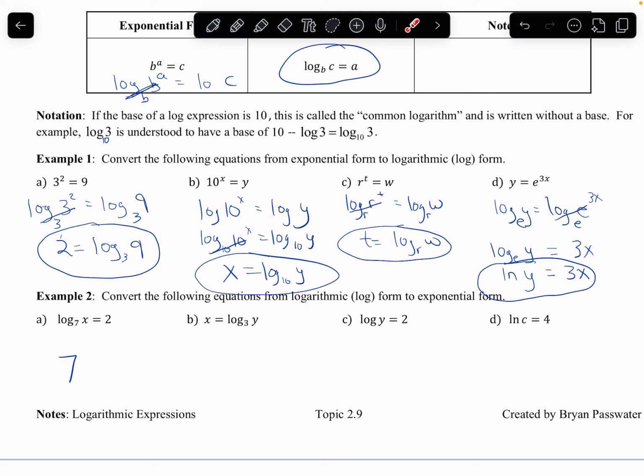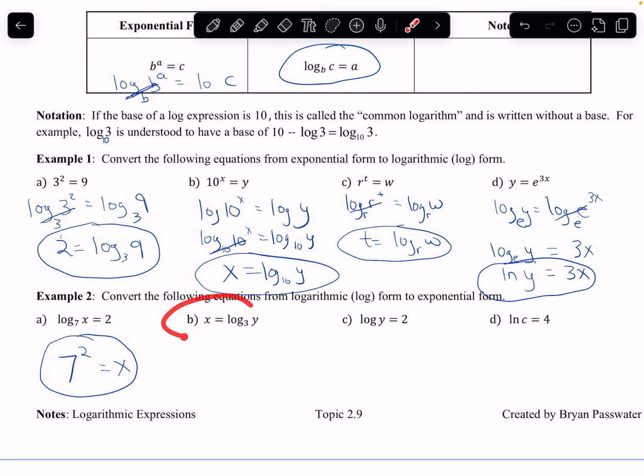Then you circle around and you pick up the number after the equals, that's going to be the power. So it's going to be 7 squared. And then you circle around again, and that's what it's going to equal, x. 7 squared equals x. And you rewrote it as an exponential.